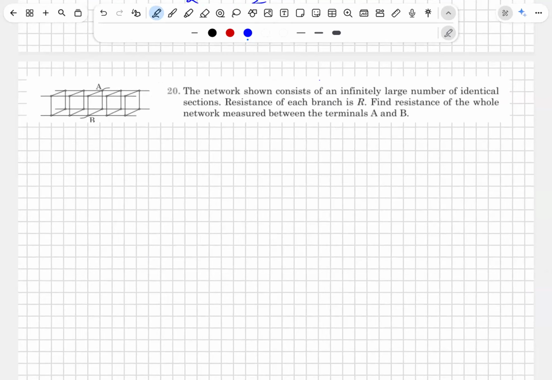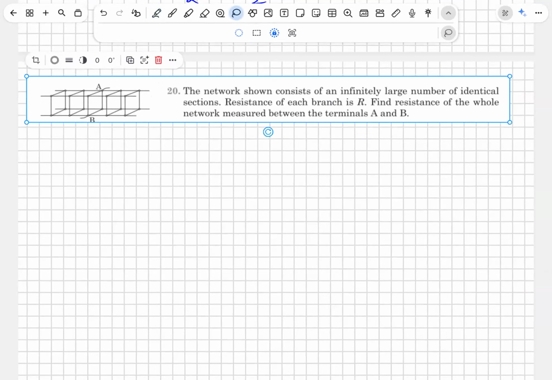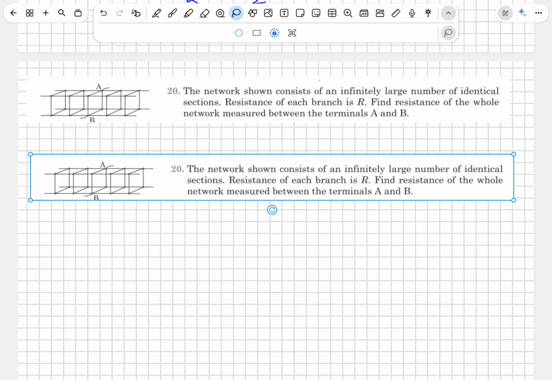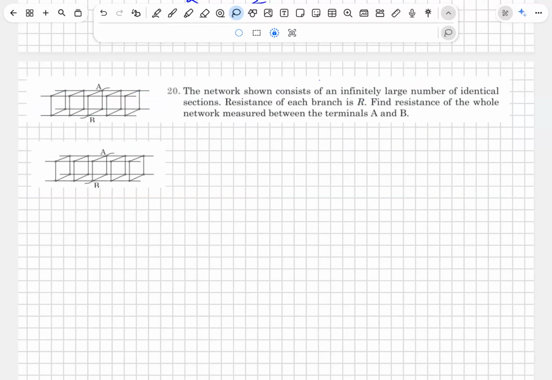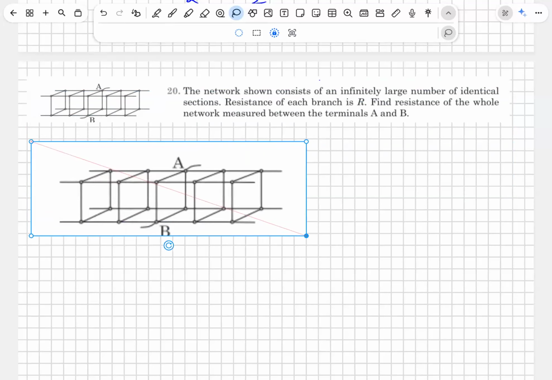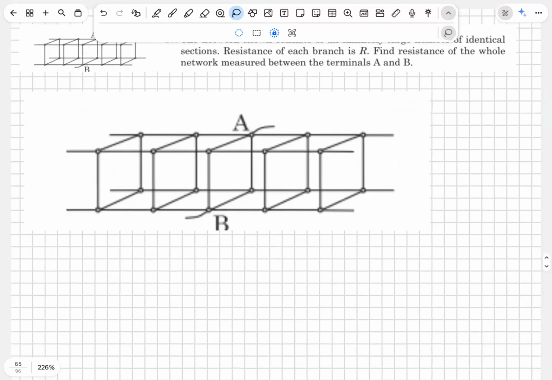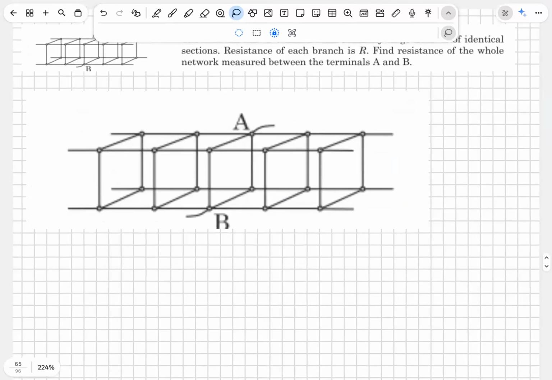Basically, any suggestions? A1, B1, A2, B2 and so on.